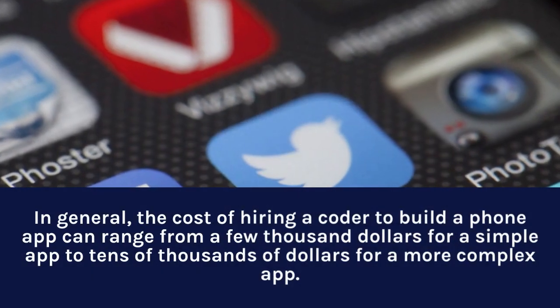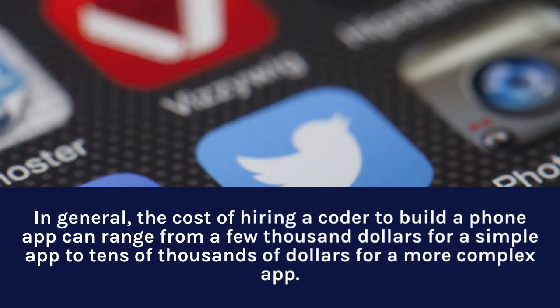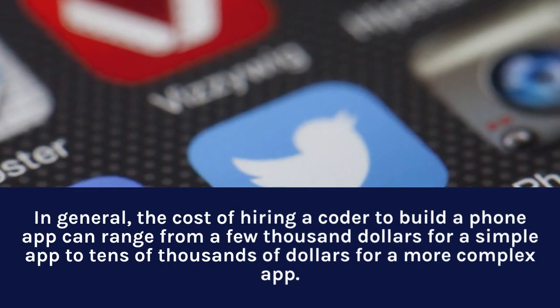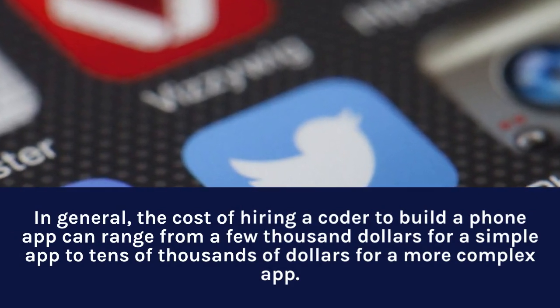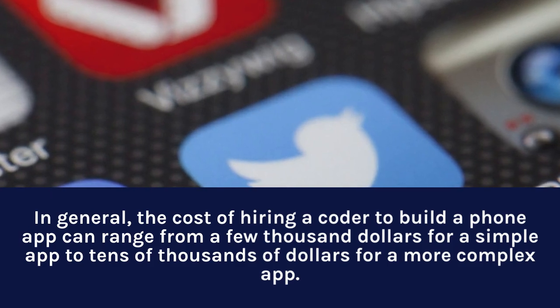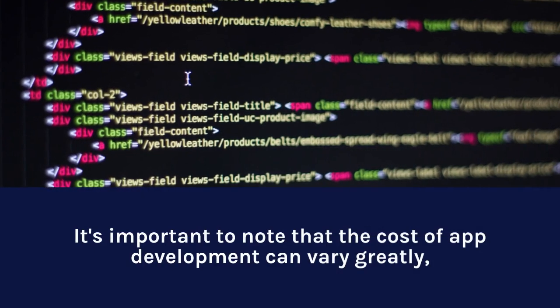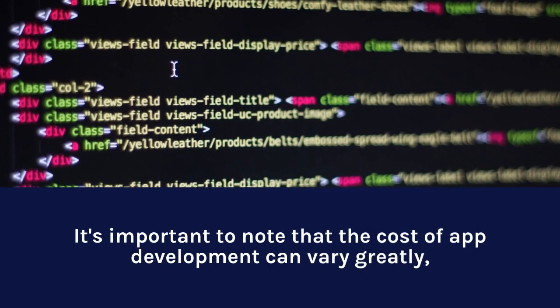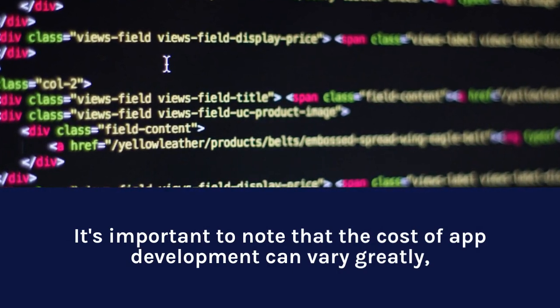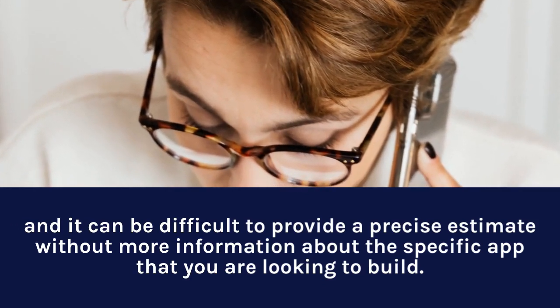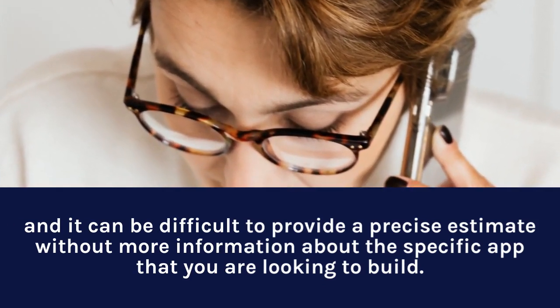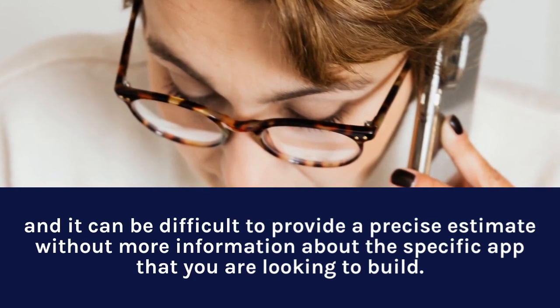In general, the cost of hiring a coder to build a phone app can range from a few $1,000s for a simple app to tens of thousands of dollars for a more complex app. It's important to note that the cost of app development can vary greatly, and it can be difficult to provide a precise estimate without more information about the specific app that you are looking to build.